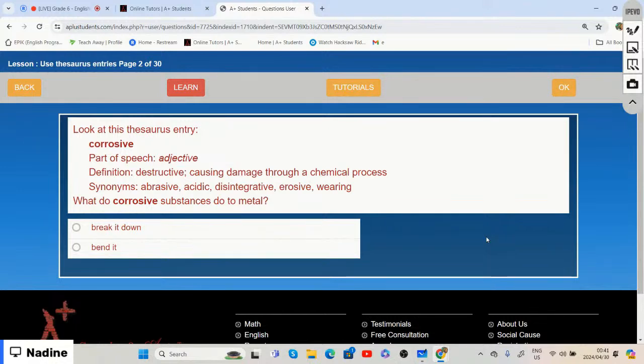We said it's an adjective, right? So do we now break it down, which is option one, or bend it, which is option two? Which one do you think it is? Breaking it down or bending it? Since it's a chemical process.